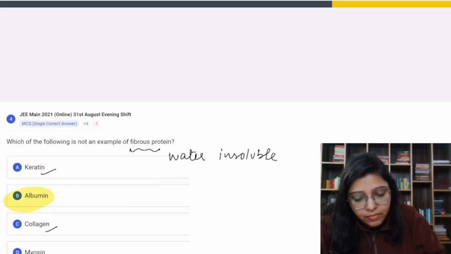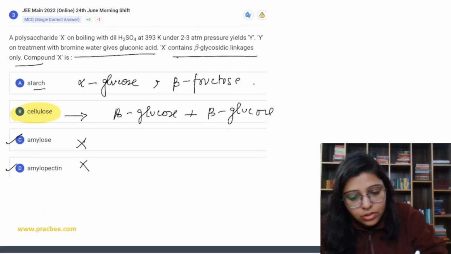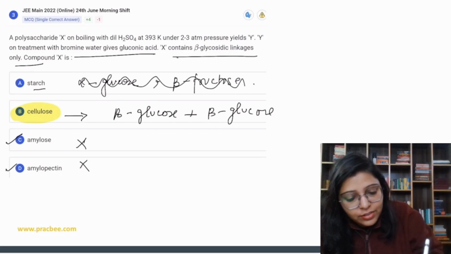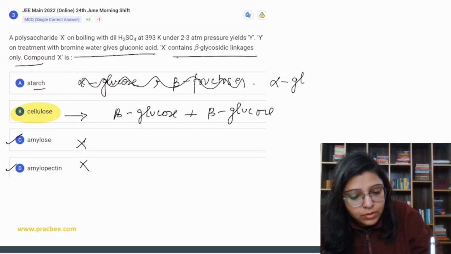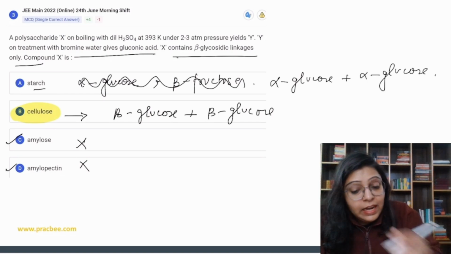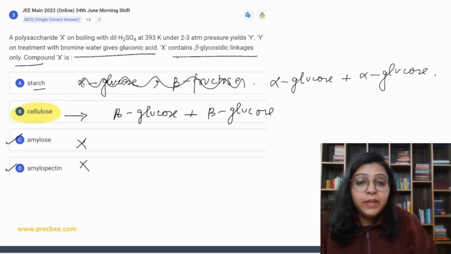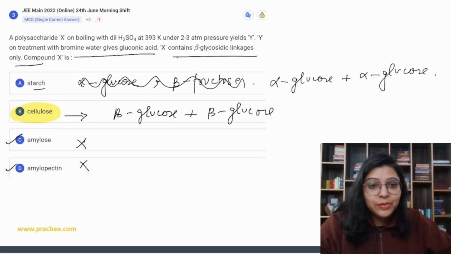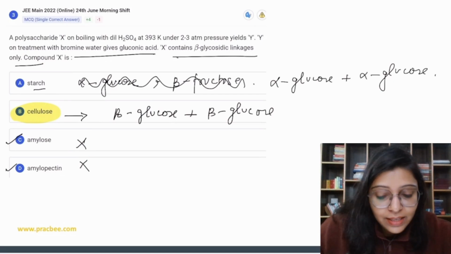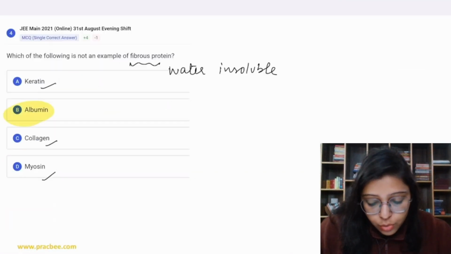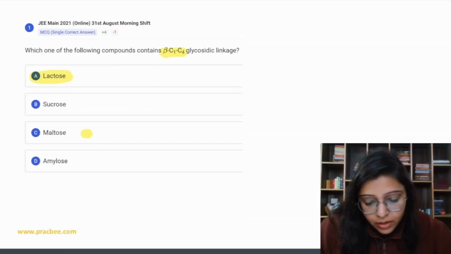Just a minute, in the above one we have discussed starch. Let me correct this. This is starch, so this is formed from alpha glucose. Okay, alpha glucose. That is sucrose, in which alpha glucose and beta fructose are present.